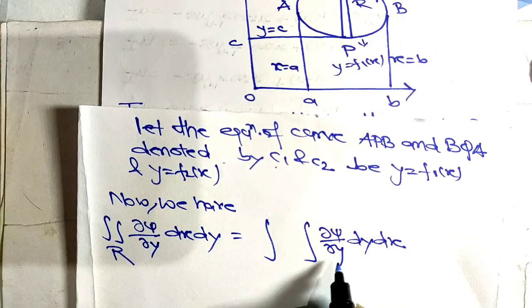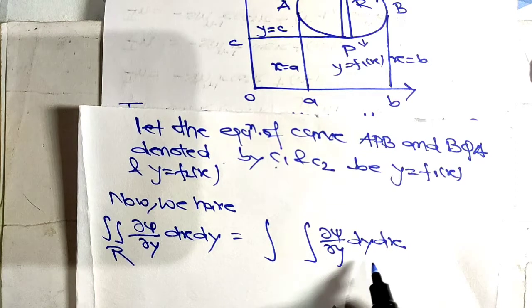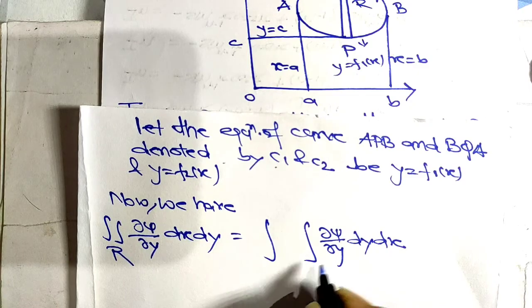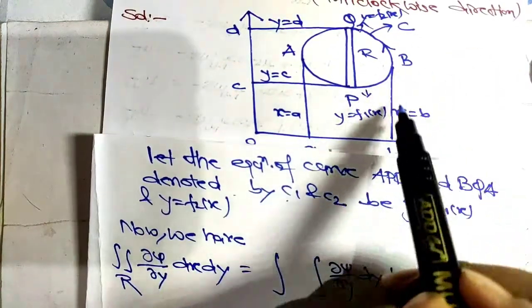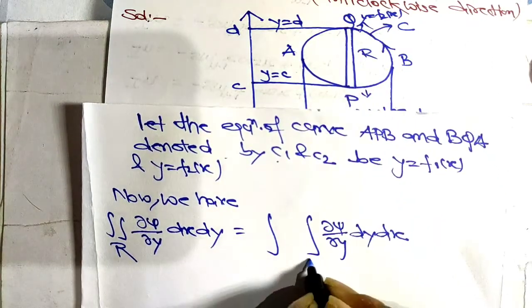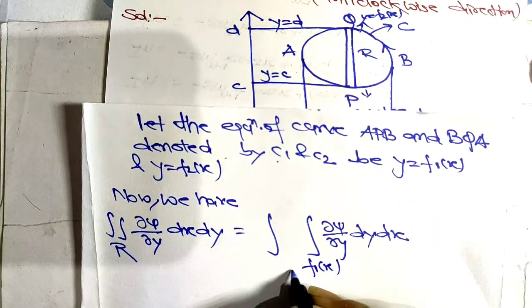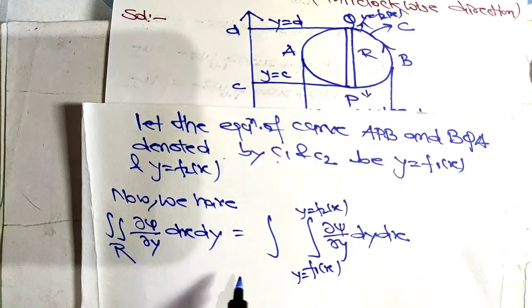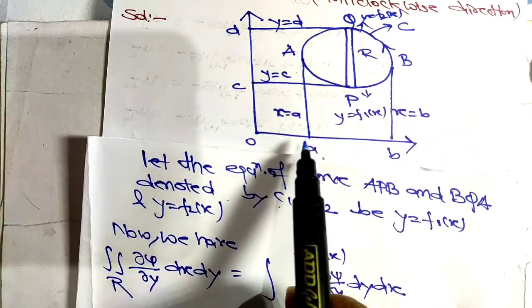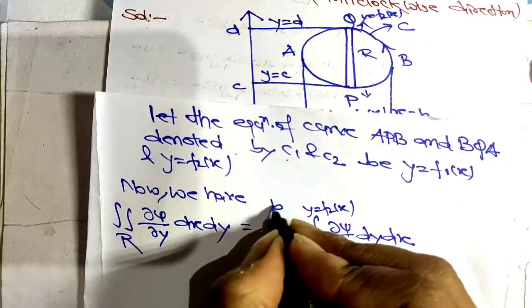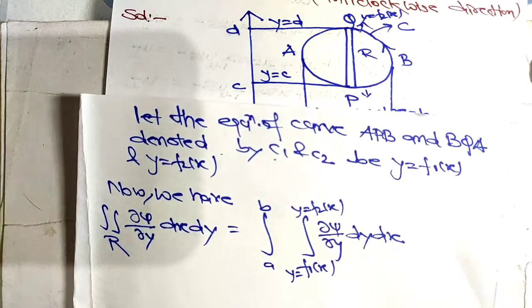So we are integrating with respect to y first. So the range of y is from where to where? We are taking y from f1(x) to f2(x), so the lower limit is y = f1(x), the upper is y = f2(x), and x is from a to b. So we are taking the integral a to b.